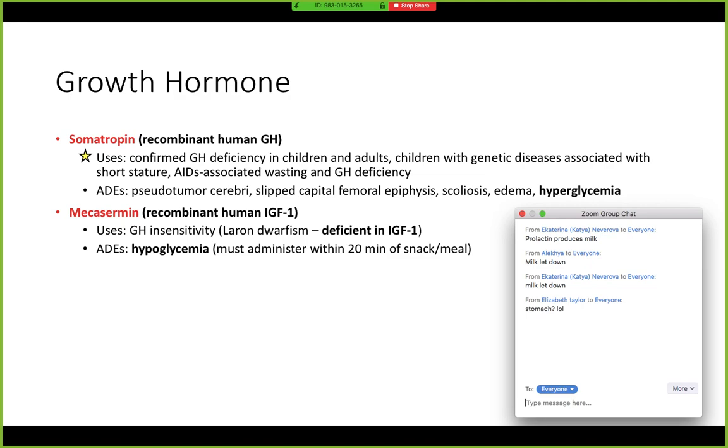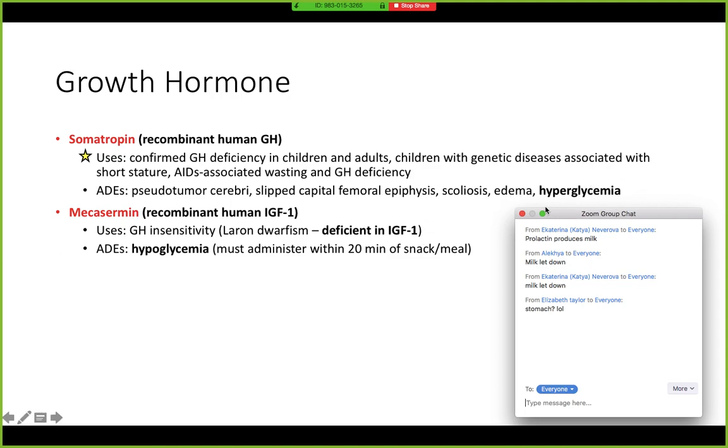Maybe not. Okay, if not, it'll definitely come up in neuro in the fall. So pseudotumor cerebri is kind of the old name. They refer to it now as idiopathic intracranial hypertension. And that's probably a good thing because it's kind of telling you what the problem is. So with pseudotumor cerebri, you're going to have increased intracranial pressure, and that's going to lead to problems like headache and vision disturbance.